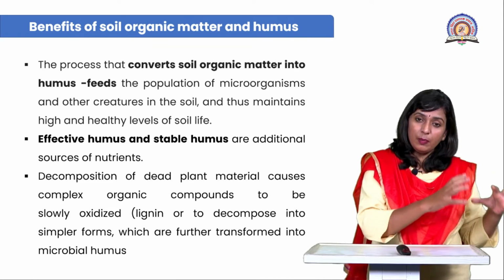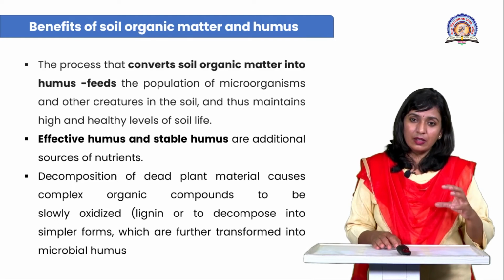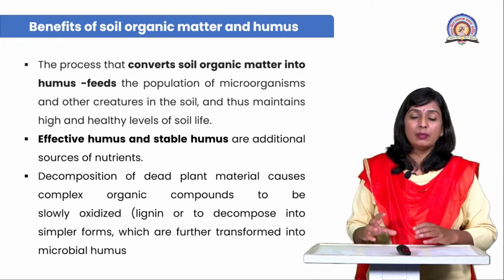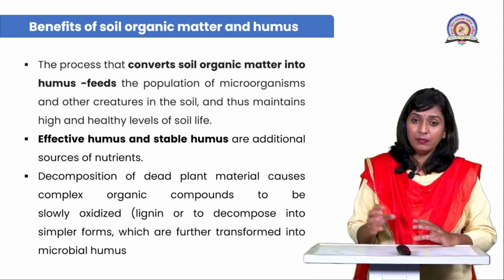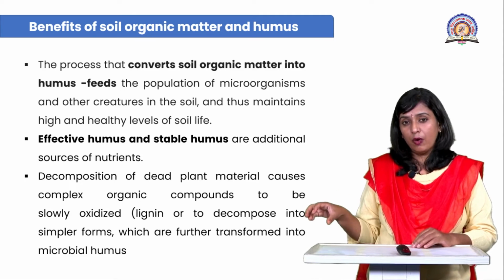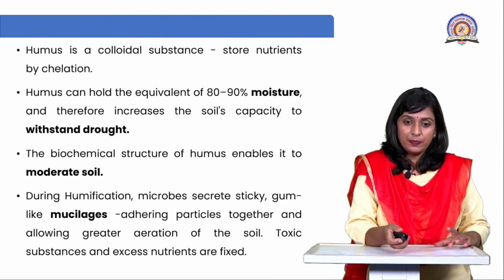Whenever dead plant or animal bodies are digested by aerobic organisms, part of it forms compost, and the part which is not digested by aerobic organisms is acted on by anaerobic organisms, and it forms humic acid, or humus.